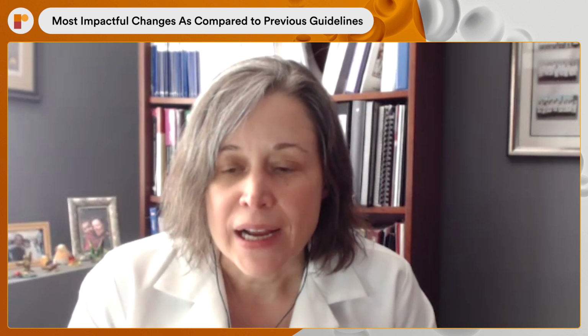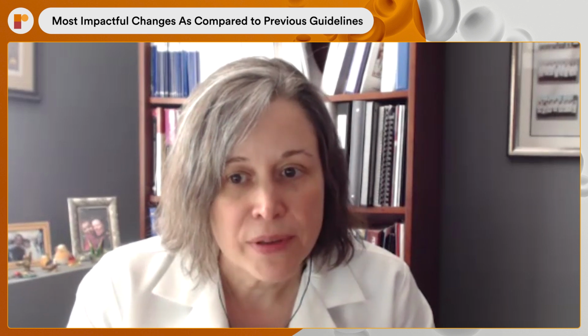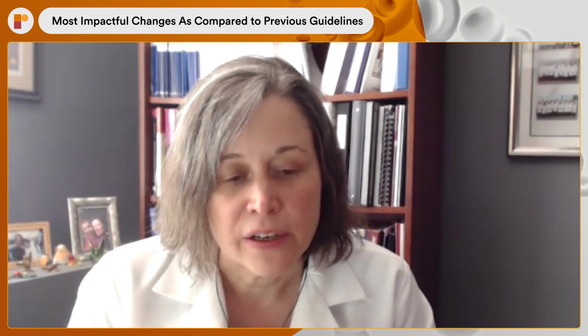Well, I think there was a lot of new evidence since the previous go-round. I don't know if I can hit all of the changes. I'll encourage the viewers and listeners to take a look at the document. But I think, to summarize, going from beginning of document to end, one big change is really wanting clinicians to recognize the clinical subsets of PAD. When you have a patient with PAD, what is their current clinical status?